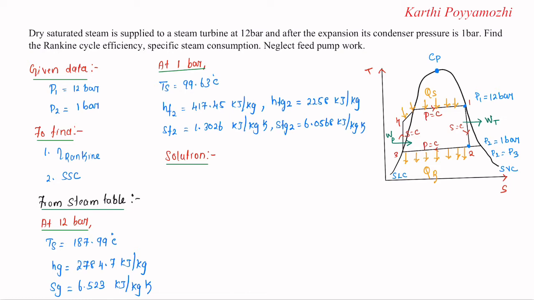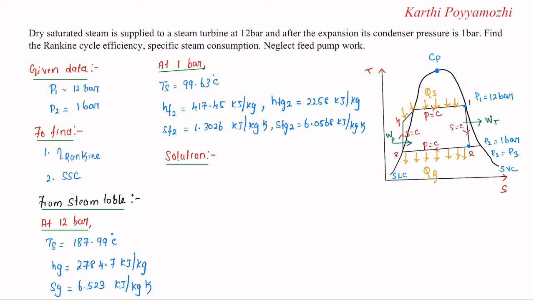This you should keep in mind. Though the pressure may be the same, at point 2 it is in a vapor state, and at point 3 it is in a liquid state. With this given data we have to find the efficiency of the Rankine cycle and specific steam consumption.